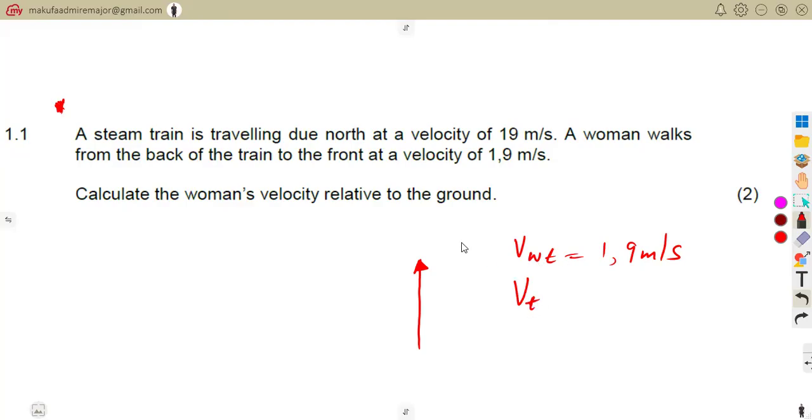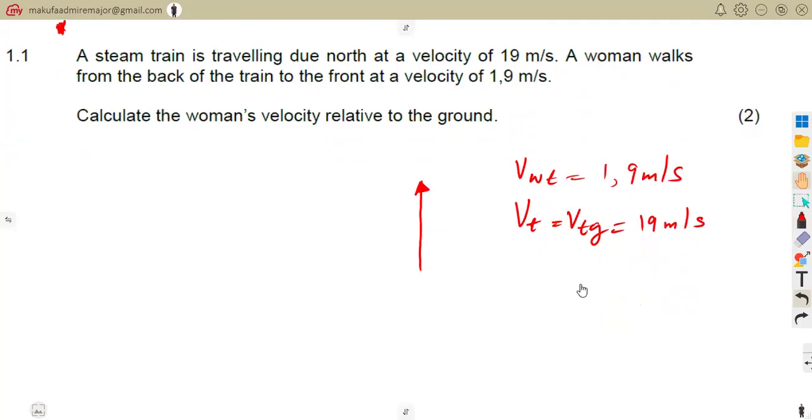So this is the velocity of the train relative to the ground. Or you can just write V_T, which is 19 meters per second. All right, then from there, we can have the woman's velocity relative to the ground.